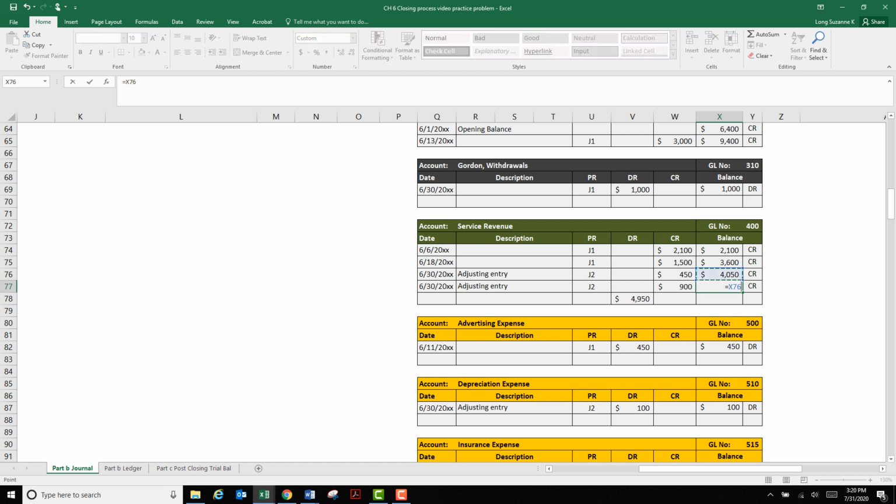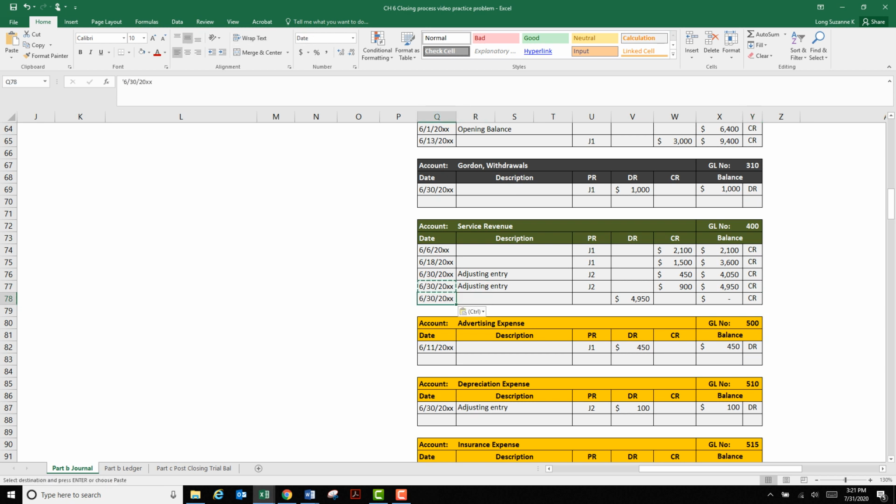It's going to be this plus this. And now I'm going to have equals this minus this, or 0. When you have a 0 in Excel, it will convert it to a dash. Now I'm going to try typing a 0. Type 0, enter. It converts it to a dash. Still a credit. It's a credit balance account.